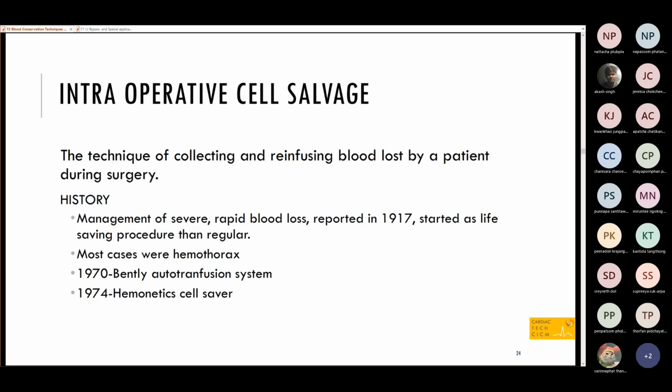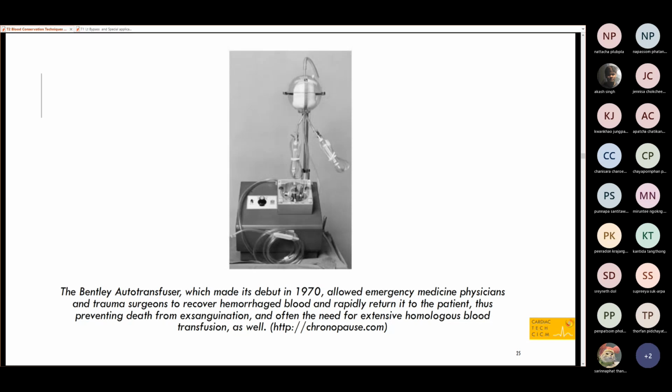However, it's the same principle as cell salvage. Here is the classical machine that you see. There are the pump, the reservoir, and the bag, and also the tube connected with the suction catheter.